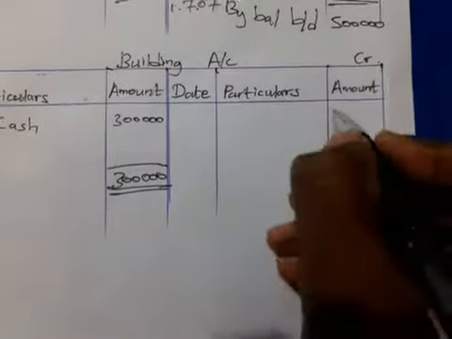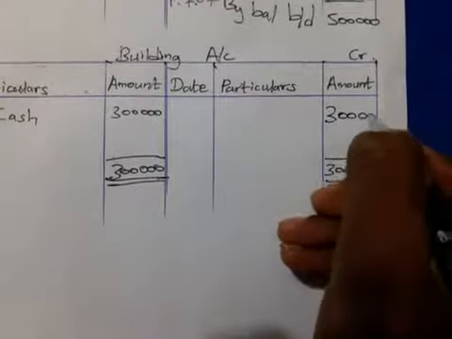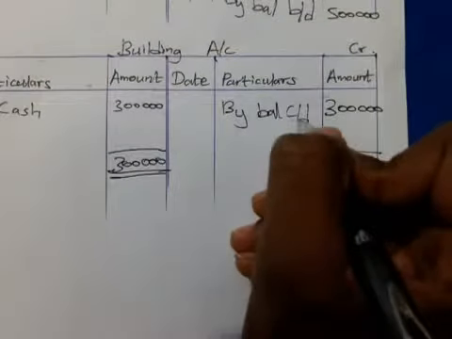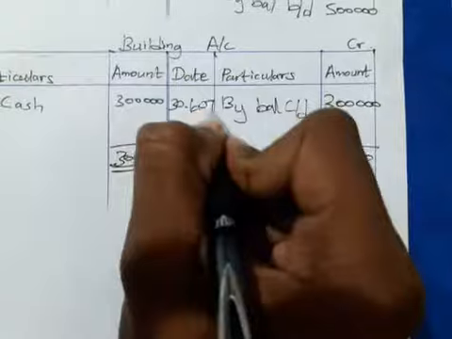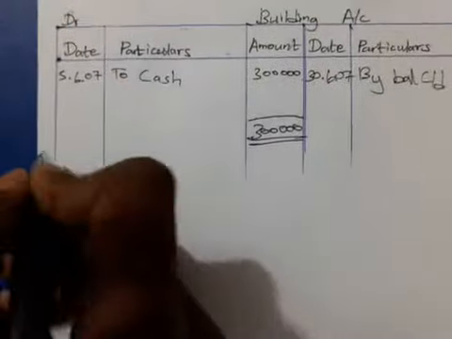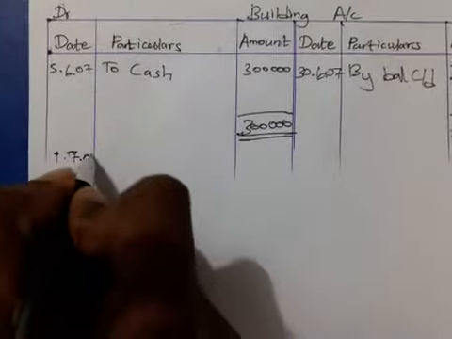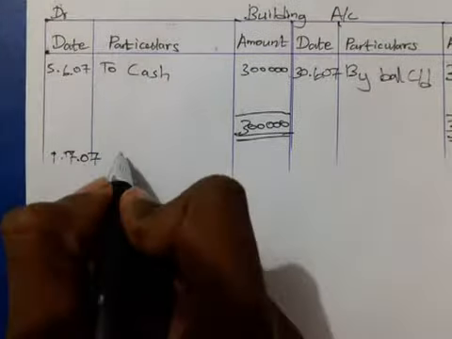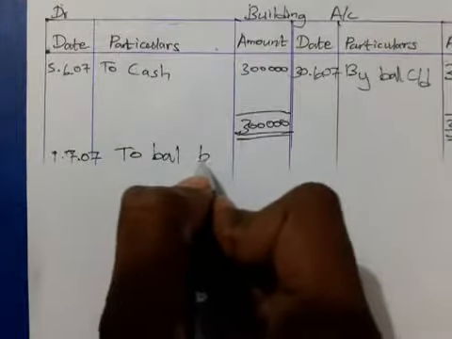So to balance the credit side, we'll get the balance amount which we have to carry down. First 7 2007, to balance brought down.